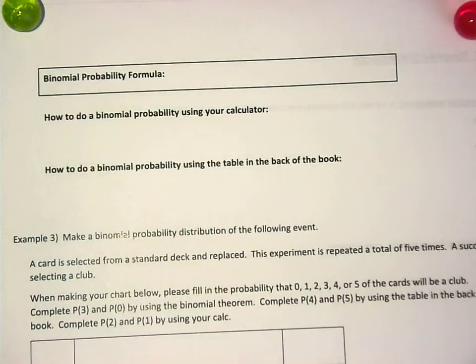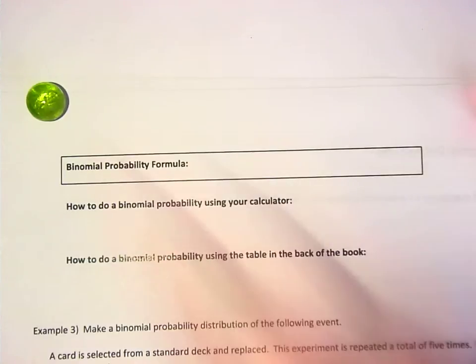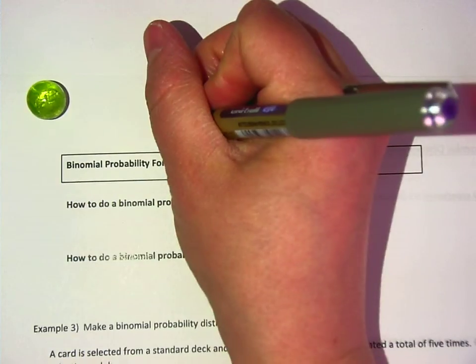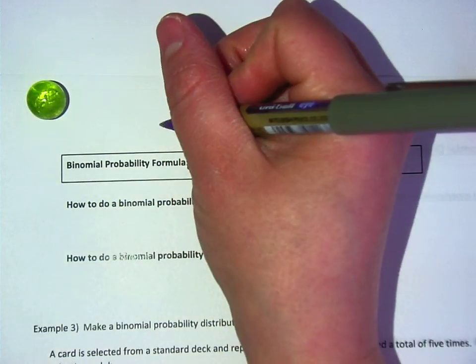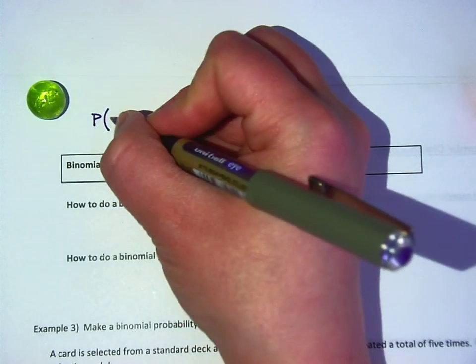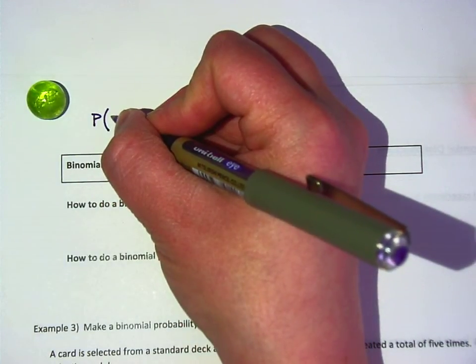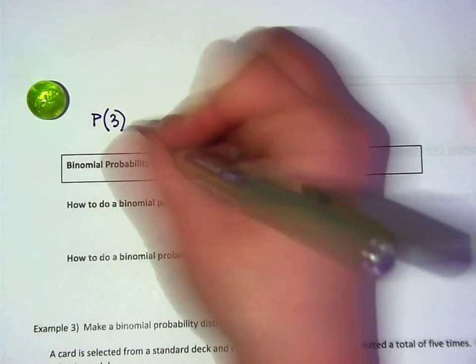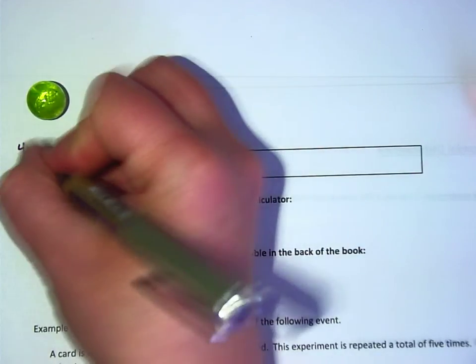Okay, so this is a hard thing to figure out, and I'm going to take it nice and slow. So let's say that we were trying to find the probability of you getting 3 questions right on a 4-question test, okay?